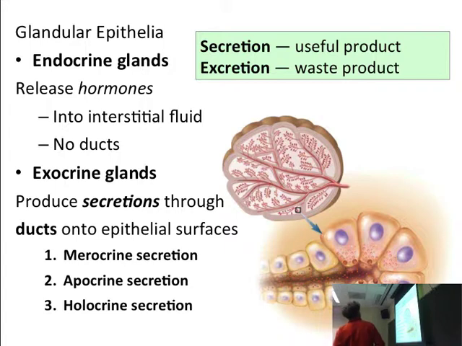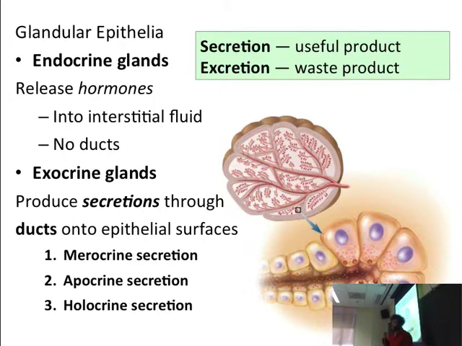All right. So the two broad categories of glandular epithelia are endocrine and exocrine. Endocrine glands release hormones into the interstitial fluid. There are no ducts in endocrine glands.